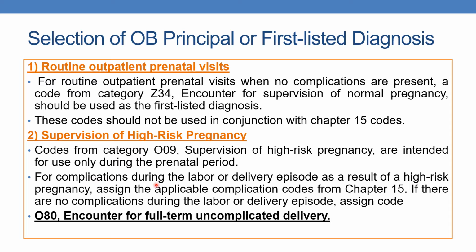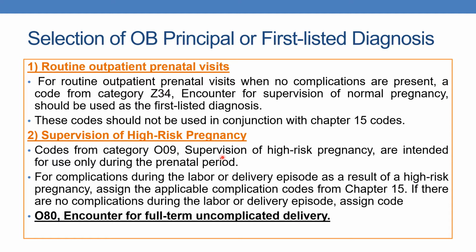For complications during the labor or delivery episode as a result of high-risk pregnancy, assign the applicable complication codes from Chapter 15. If there are no complications during the labor or delivery, assign the code O80, which is nothing but encounter for full term uncomplicated delivery.